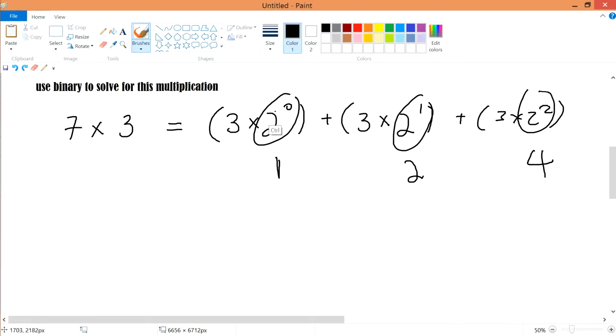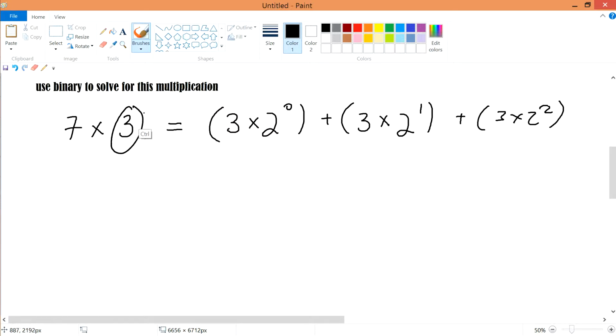So I first break them down into this form. It's very subtle, but you can just try it out. Normally you can try 3 times 2 to the power of 0 first, because 2 to the power of 0 is an odd number, 1. So you can handle the 3 quite well already, and the rest goes on.